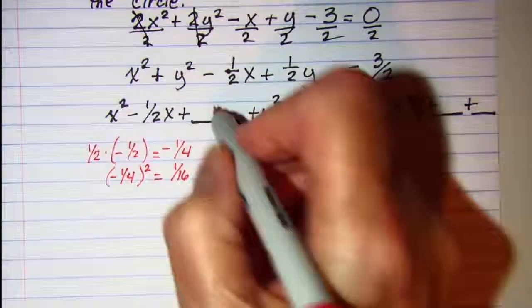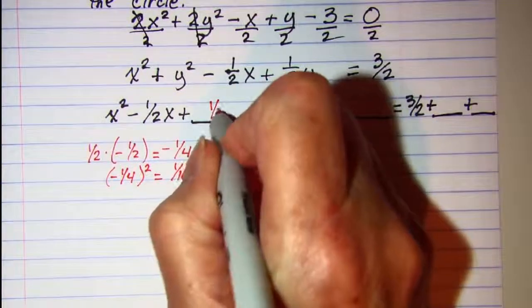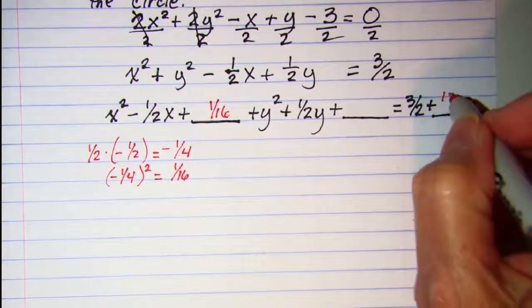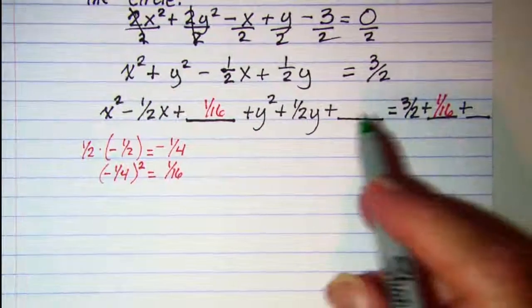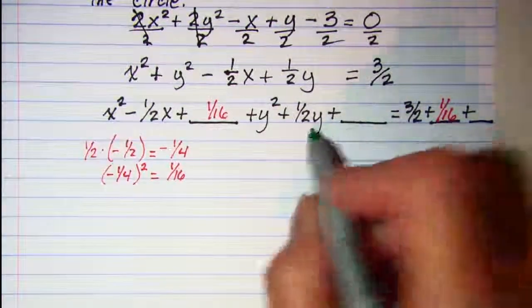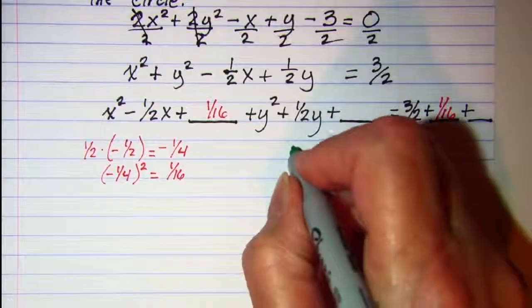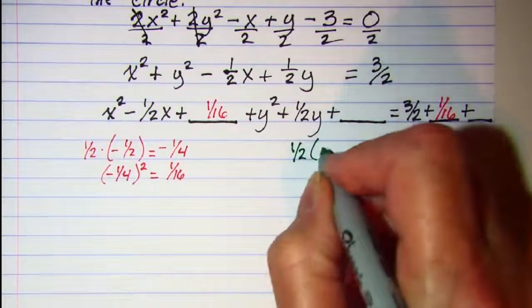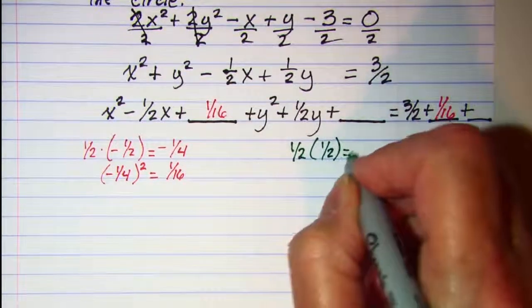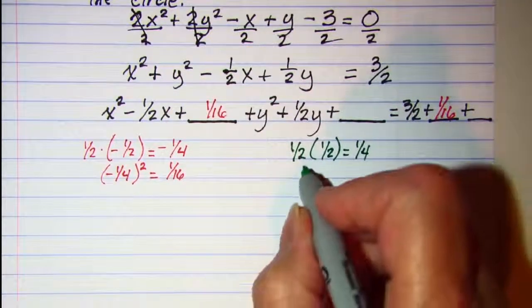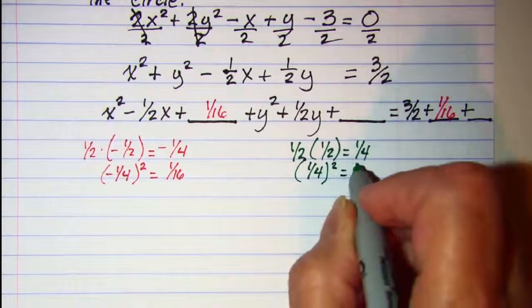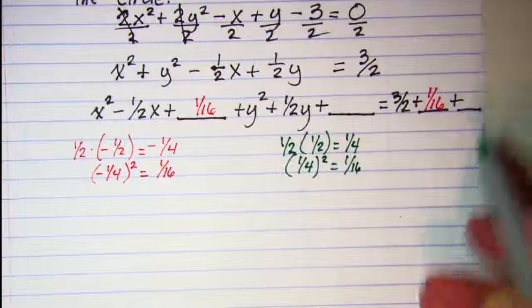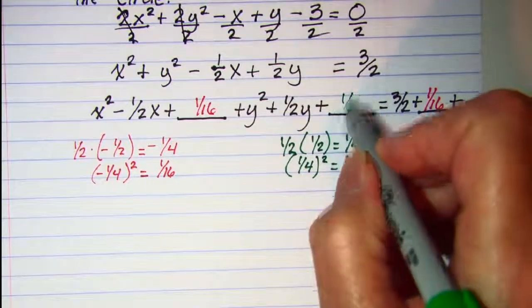And I'm going to add that on the left side and add it on the right side. You've got to add it to both sides so it doesn't mess up the equation. And then for the y part, again, I'm going to take the y coefficient and half it. And then square that result. And add it to both sides of the equation.